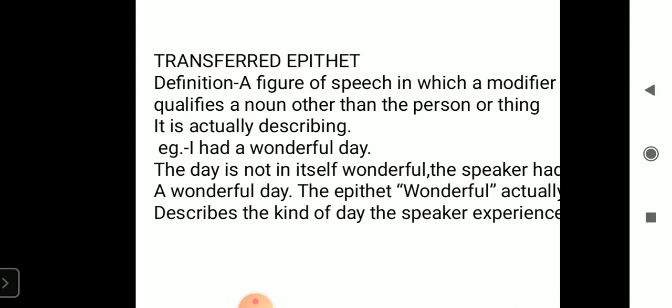ट्रांजिएंट फीट माने मोमेंटरी. If I say here, it is a very good example. I had a wonderful day. How can a day be wonderful? दिन कभी वंडरफुल नहीं हो सकता. इसका मतलब क्या है कि आपने कुछ ऐसे इंसिडेंट्स देखे, आपने कुछ ऐसे एक्सपीरियंस लिए पूरे दिन में जो बहुत वंडरफुल थे, जो बहुत अच्छे थे. ओके, सो द डे इज नॉट इन इटसेल्फ वंडरफुल. द स्पीकर हैड अ वंडरफुल डे.